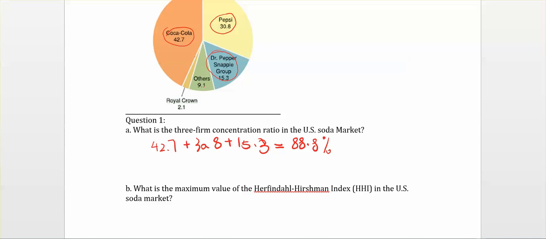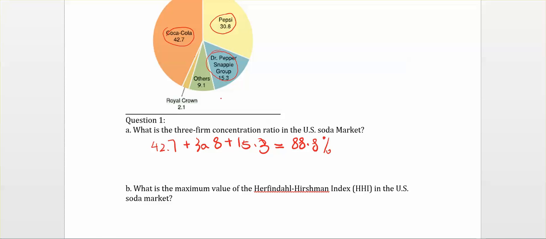So the others means the largest one within these others is no more than 2.1 market share. So the 2.1 will be the cutoff between the top 4 and the rest of the firms.